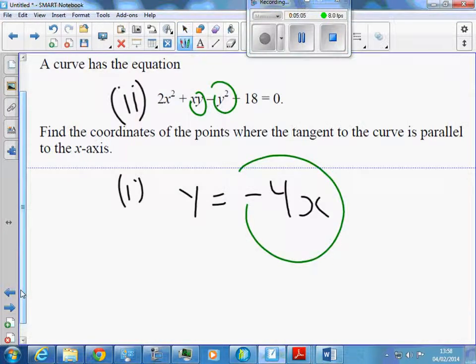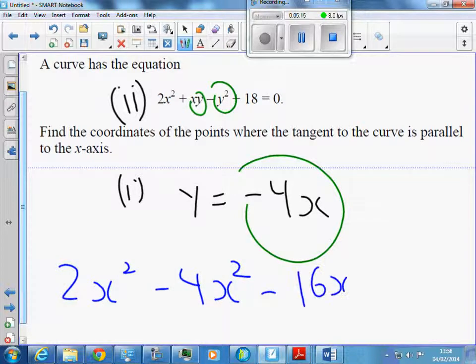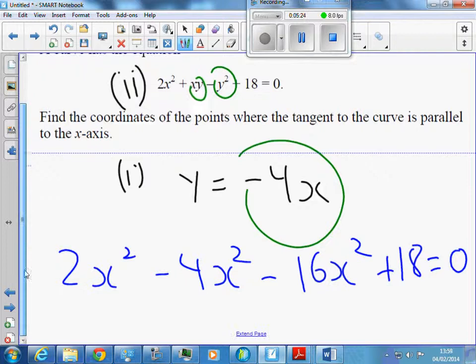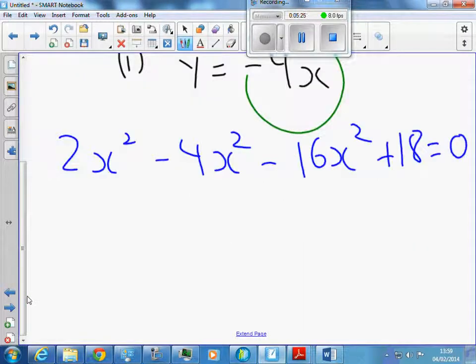So I have 2x squared minus 4x squared minus 16x squared plus 18 equals 0. So 18x squared minus 18 is equal to 0.